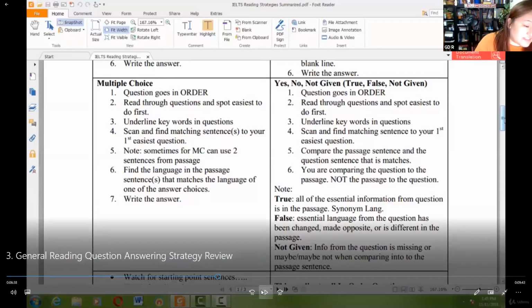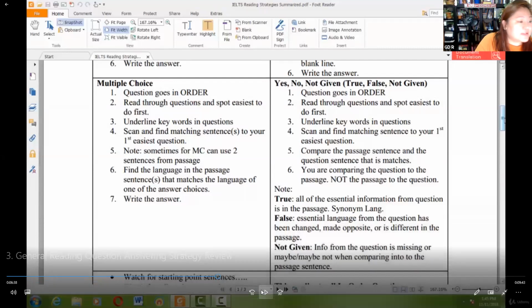Remember, class, if it says the questions go in order, that's what I mentioned earlier: for example, if it's question number 1, assume that you can find the answer in paragraph number 1 or paragraph number 2, the first few paragraphs. So if it's question number 2, again, you can assume that you can find the answer in the following paragraphs, so it's either in paragraph number 1 or paragraph number 2.